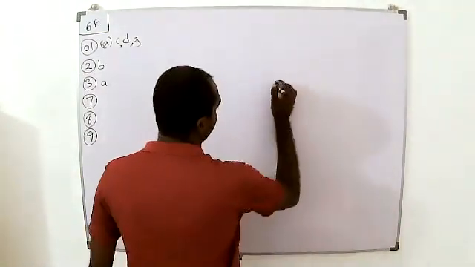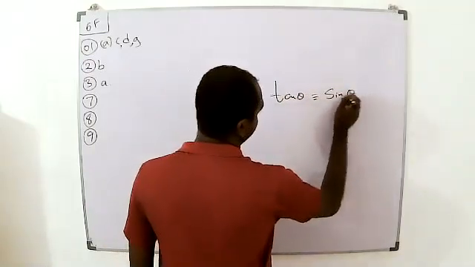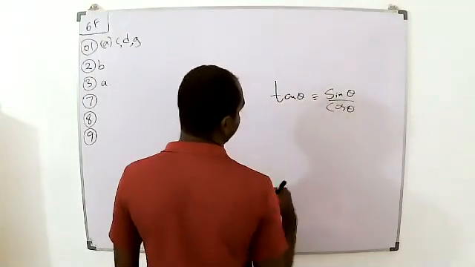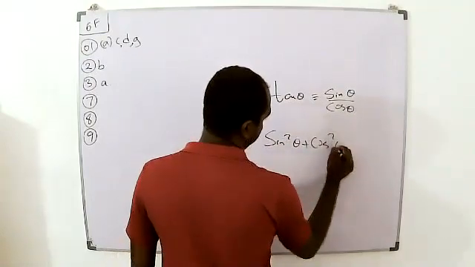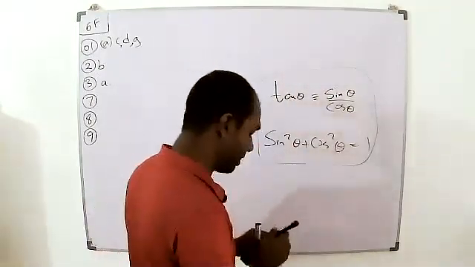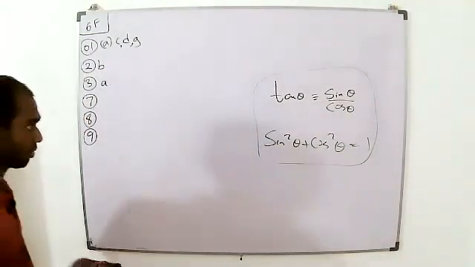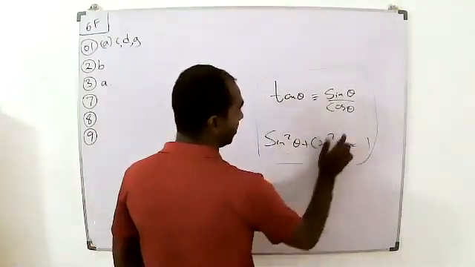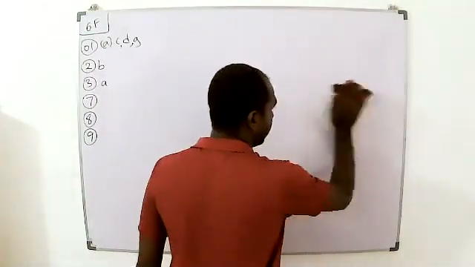We learned tan theta is identical to sin theta divided by cos theta. And the other identity: sin squared theta plus cos squared theta equals 1. We are including these two identities in the upcoming questions. That's the only thing. We already learned how to solve trigonometric equations. To those equations, we are going to substitute and use these two identities. That's all we are doing in the next part.